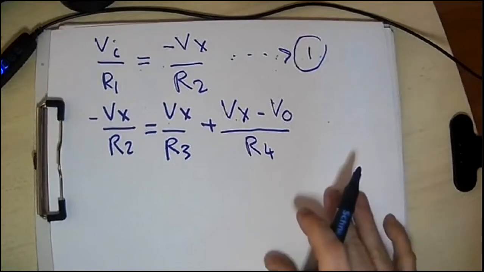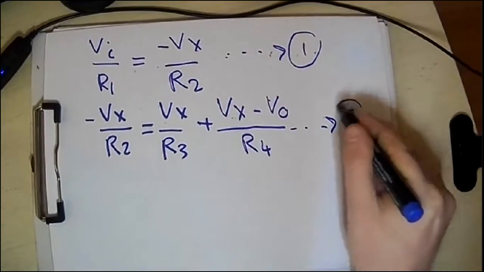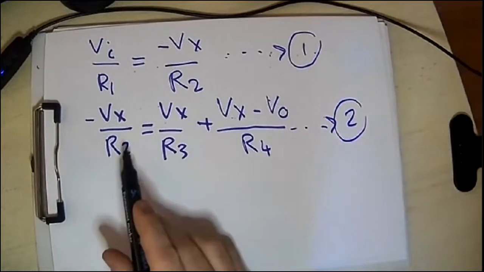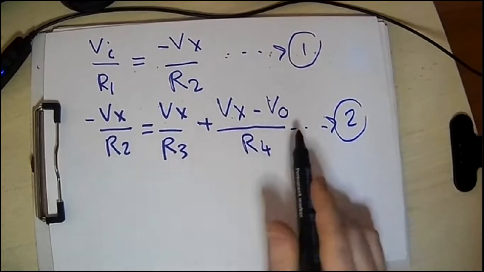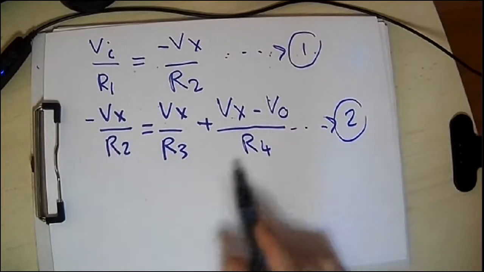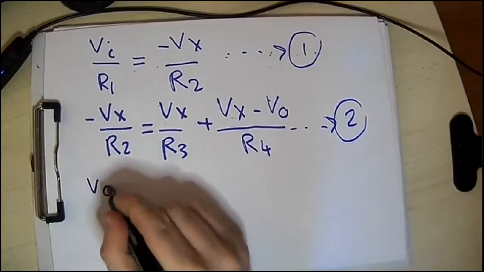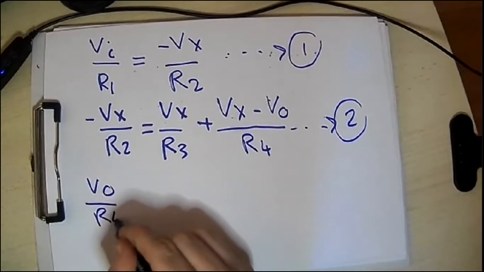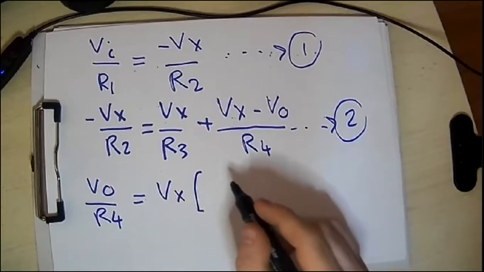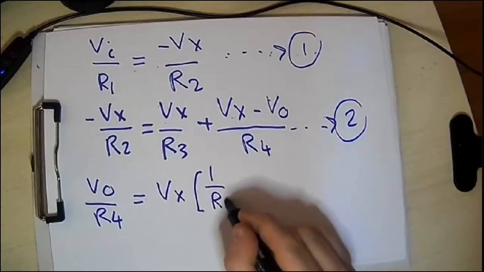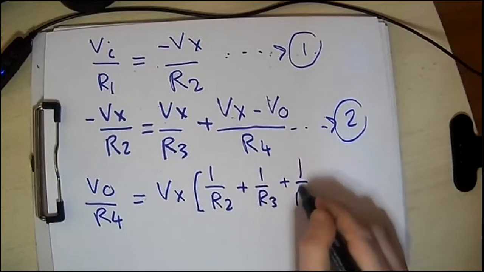So simply from equation number 2, you can have V output in terms of Vx. As you can see, we can shuffle this term here and get V output here. So we have V output over R4 equals Vx times 1 over R2 plus 1 over R3 plus 1 over R4.